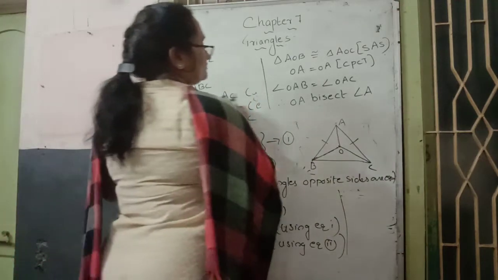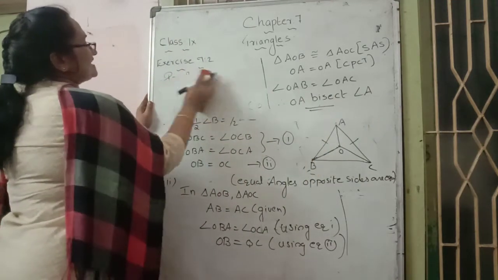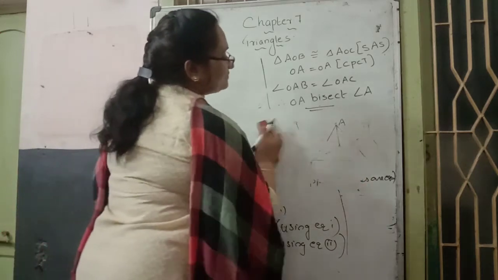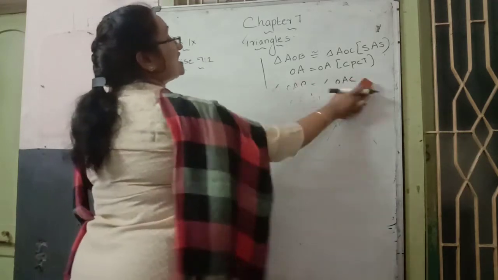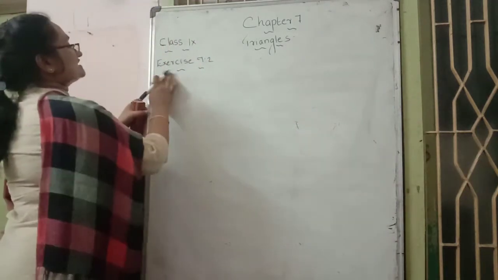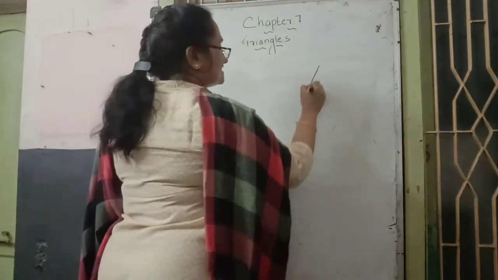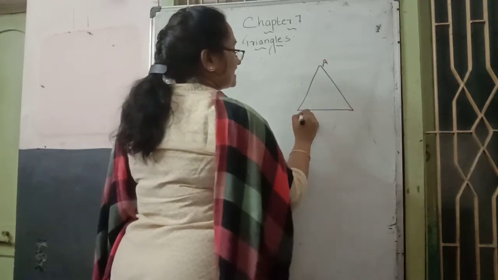Next step. This is our proof case. Next we go through the second question. How to prove that an isosceles triangle is formed? ABC is the triangle, so we can mark ABC as the triangle.